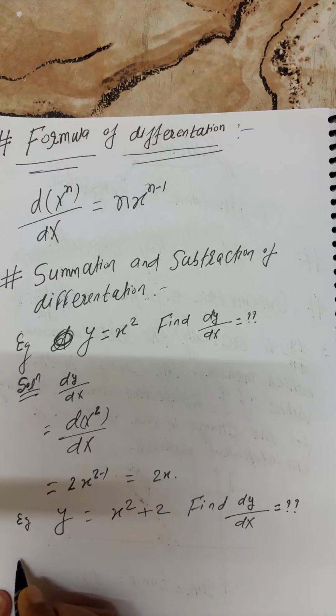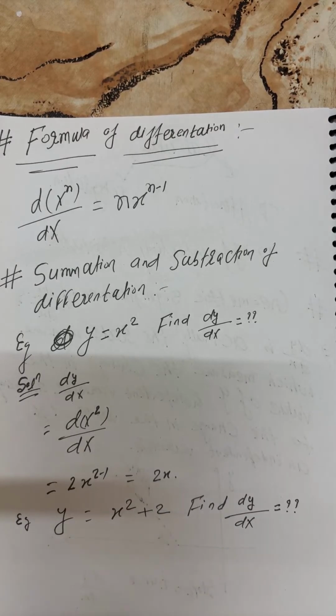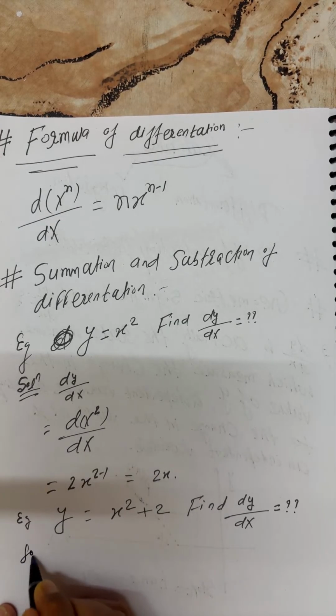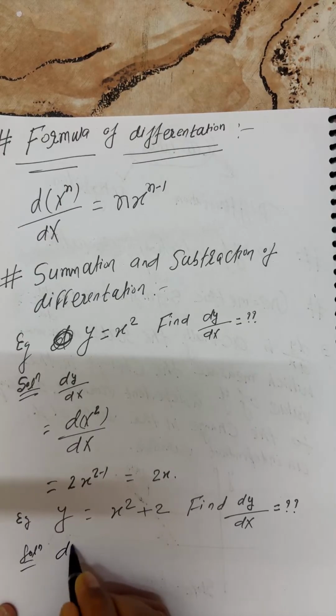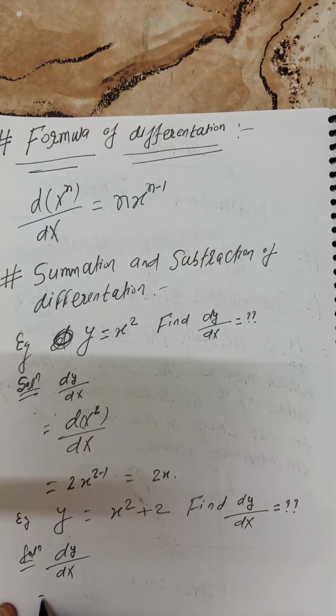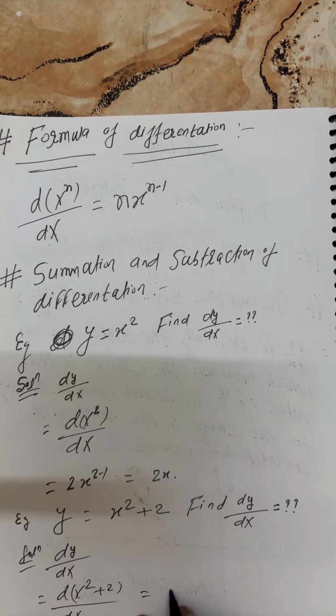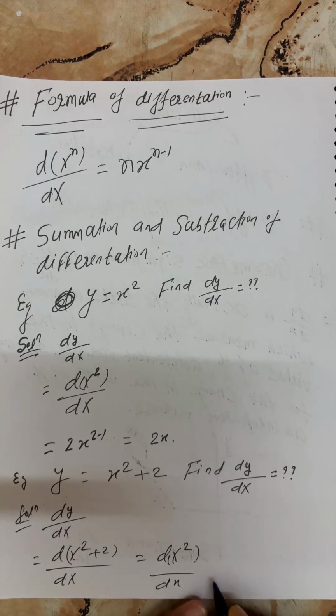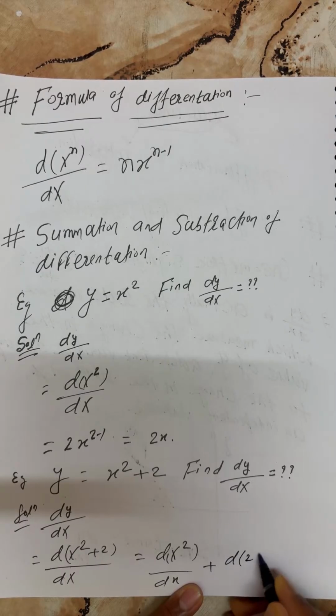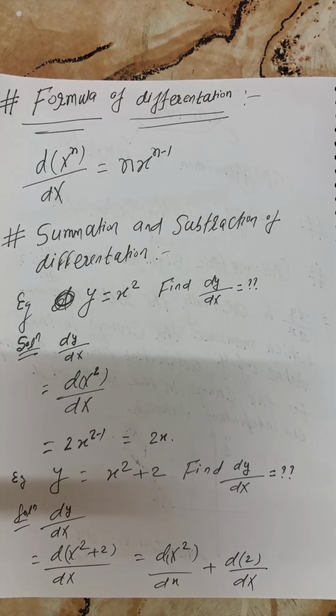Students, if you understood, you can pause the screen and try it, then you can check. Otherwise, what's my solution? For the solution, this is dy by dx, and y is x square plus 2 by dx. Beta, open the bracket: differentiation of x square by dx plus differentiation of 2 by dx.